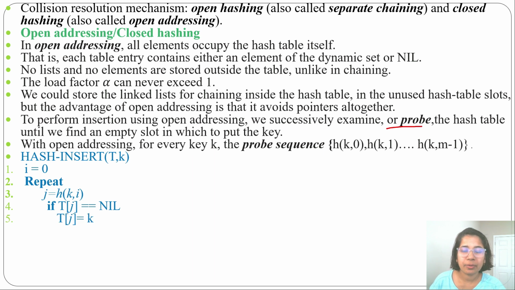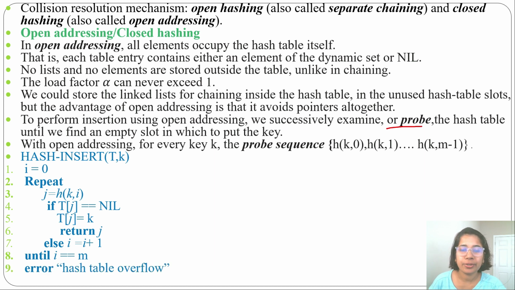So T of j will be k and we return j. If it is not nil, then we increase the i value, so else i will be i plus 1, and it will continue until i equals m, where m is the table size. If we are not getting any free slot in the whole table, then it's an overflow, so it will show the error hash table overflow.